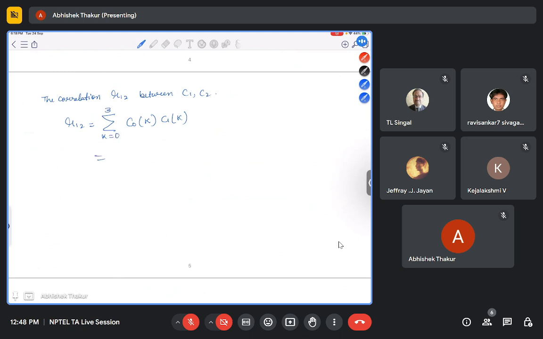In the earlier example we have codes 1 into 1 plus 1 into minus 1 plus 1 into minus 1 and plus 1 into 1. So this will turn to 0. This is the orthogonal spreading, as the summation is 0. So the correlation between the codes is 0, and this can also be called orthogonal.